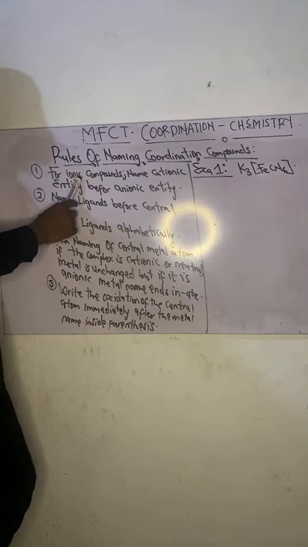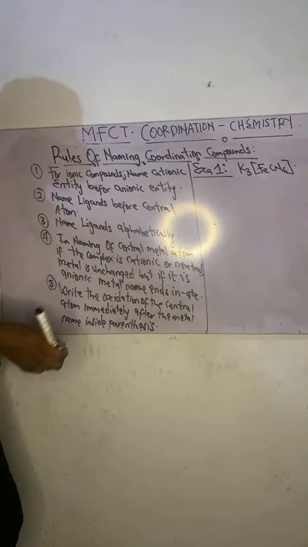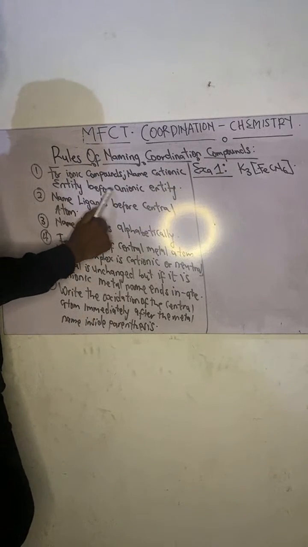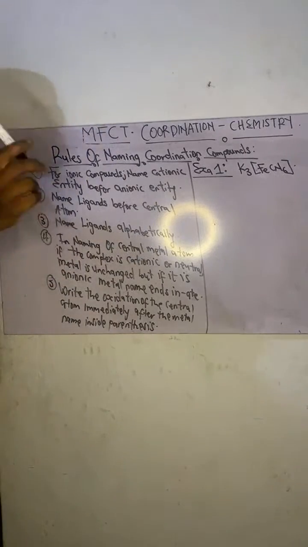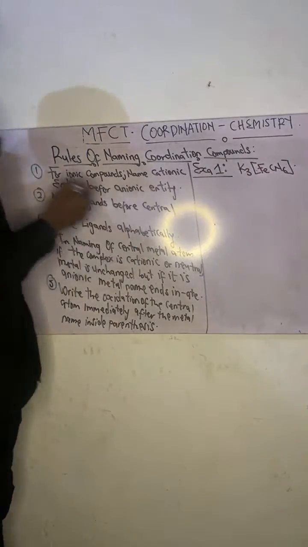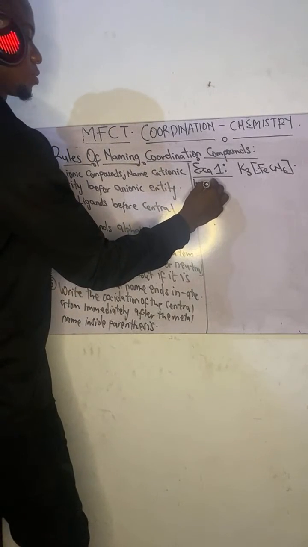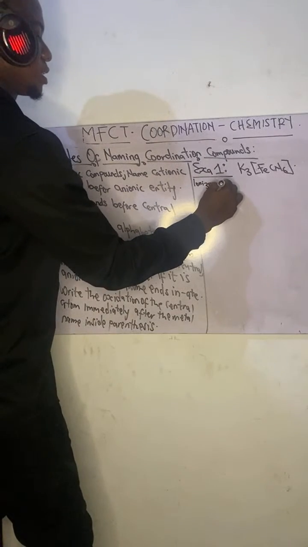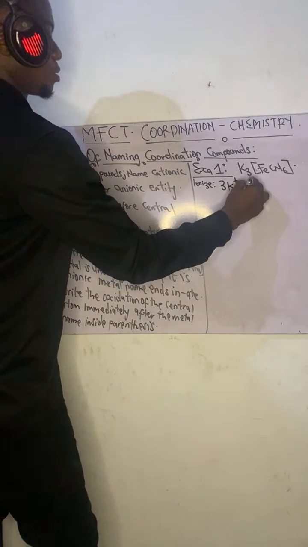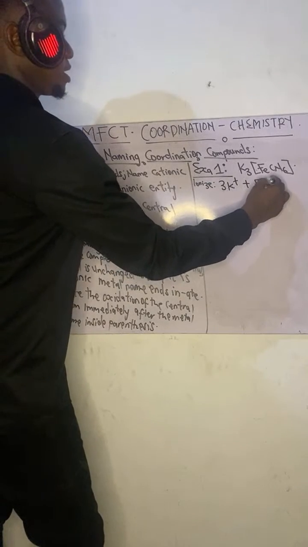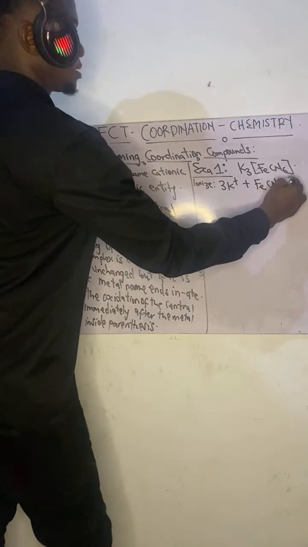The first thing you have to notice is that rule number 1 says that for an ionic compound, that is, a compound that can be ionized, name the cationic entity before the anionic entity. So this simply means that we are to ionize this compound.